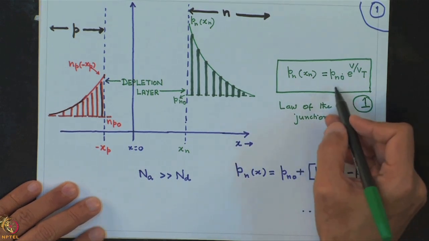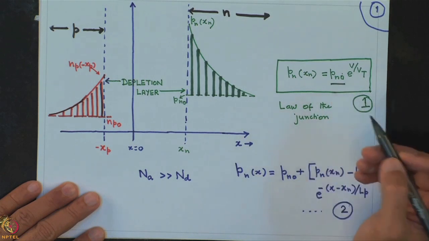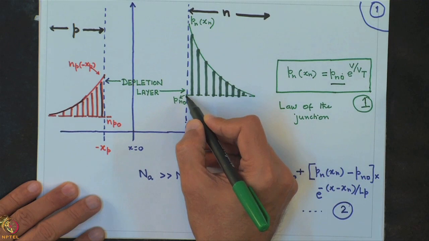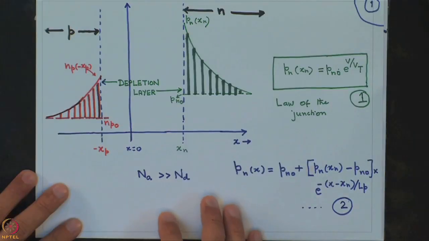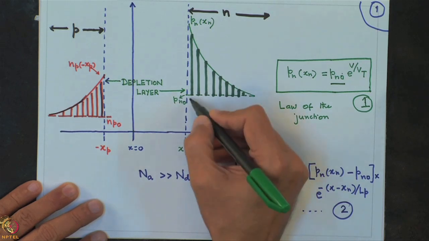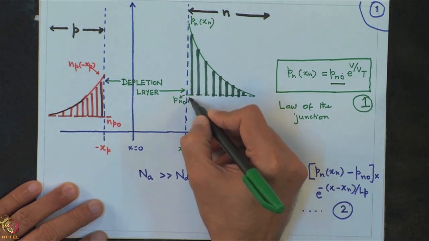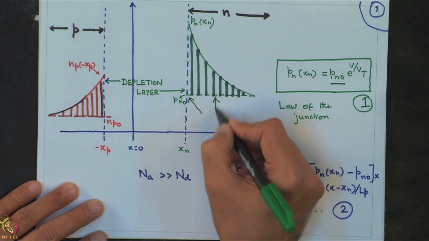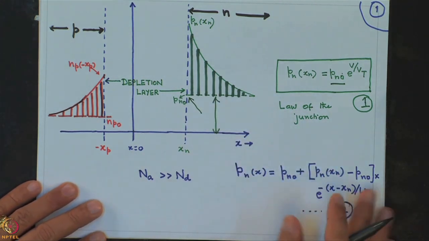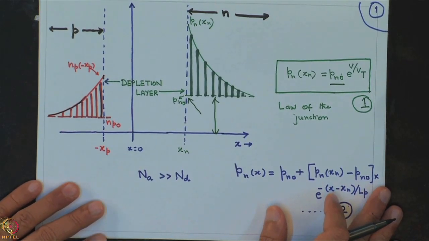So this is equal to Pn0, where Pn0 is the thermal equilibrium value of the minority charge carrier concentration at this edge of the depletion layer. This point is what we are talking about, and this entire height is the thermal equilibrium concentration of holes in the n-type region.